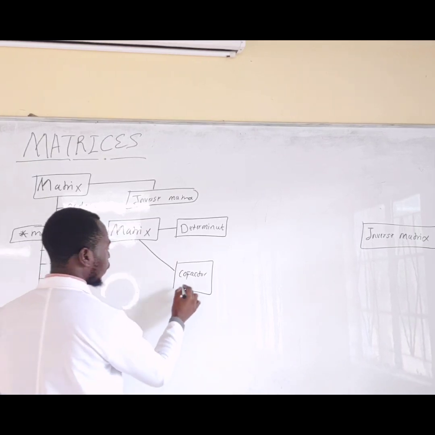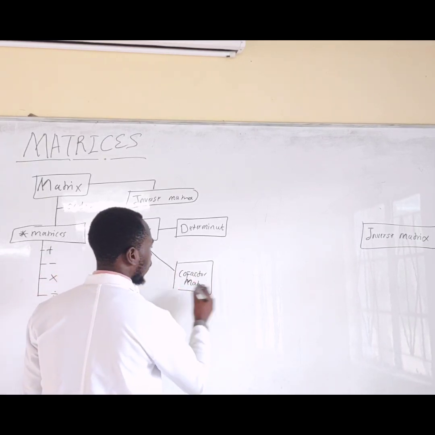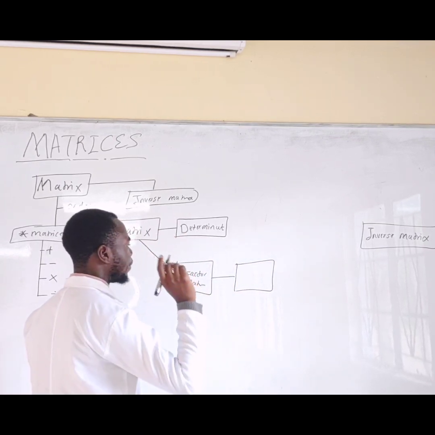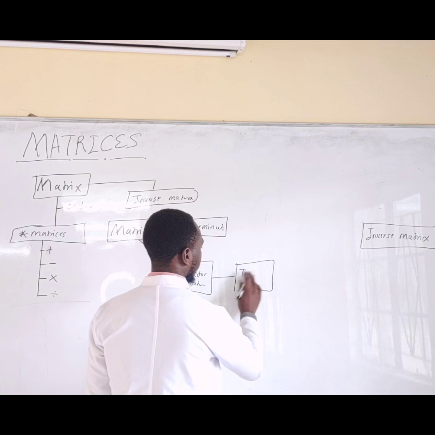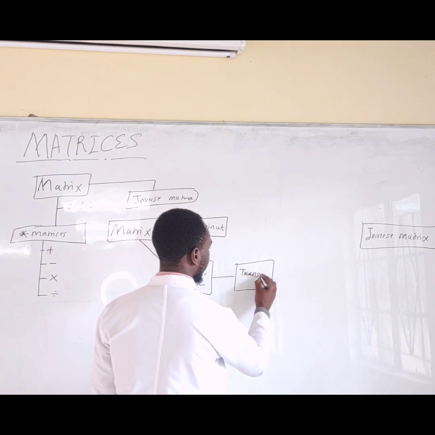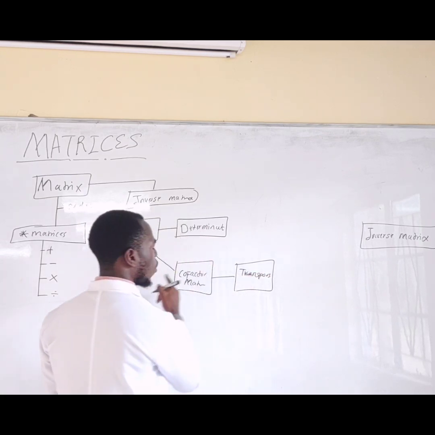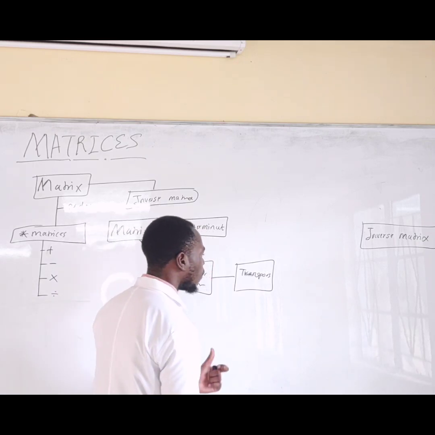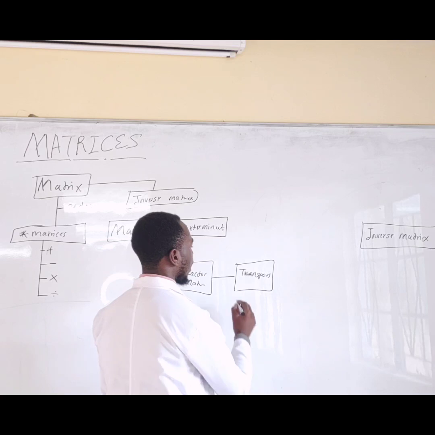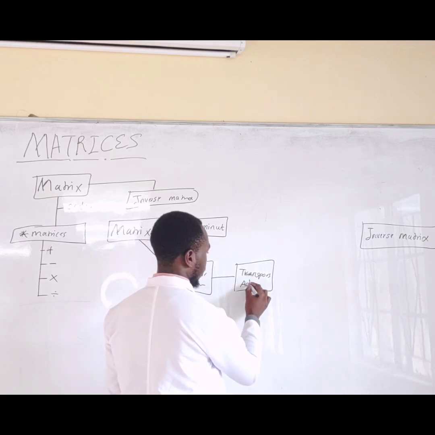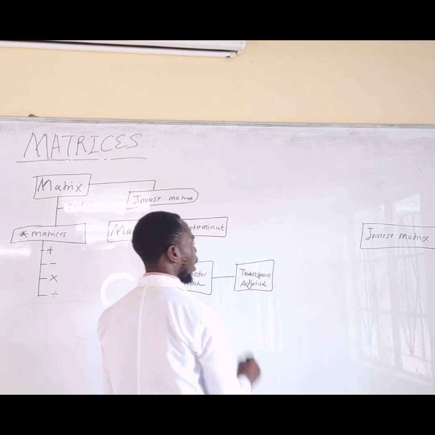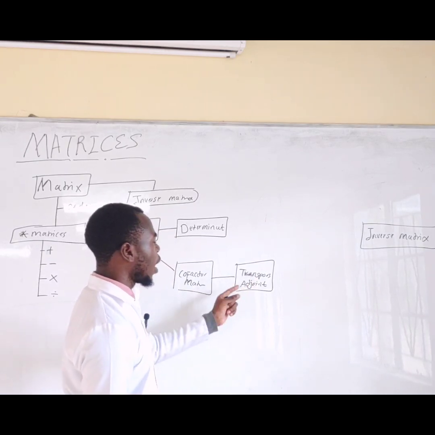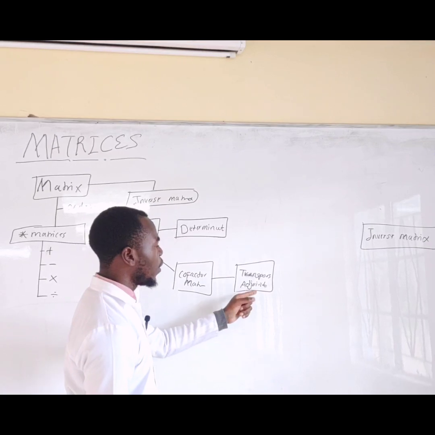Once you find the cofactor of a matrix, you are going to find a so-called transpose, the transpose of your cofactor. That transpose of the cofactor is what we call the adjoint, the adjoint of a matrix.